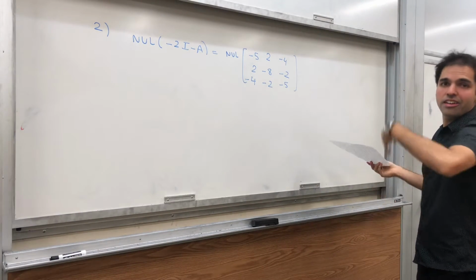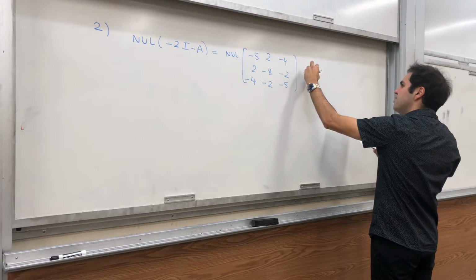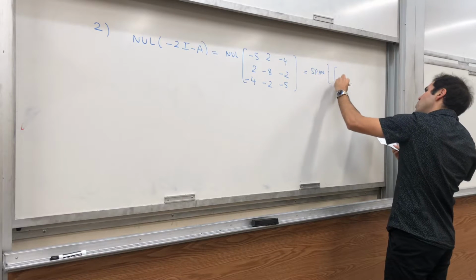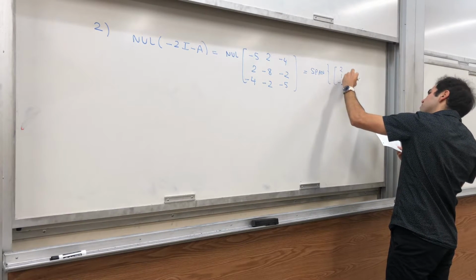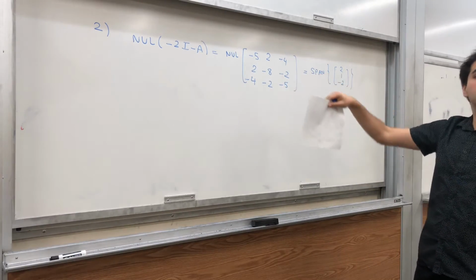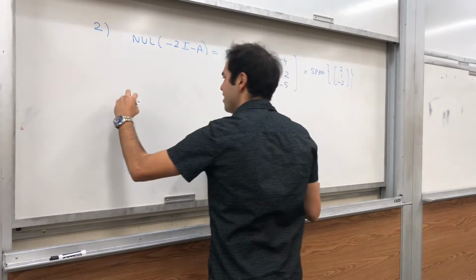If you reduce and find the null space, it turns out the span is 2, 1, minus 2. So that is one eigenvector corresponding to minus 2.